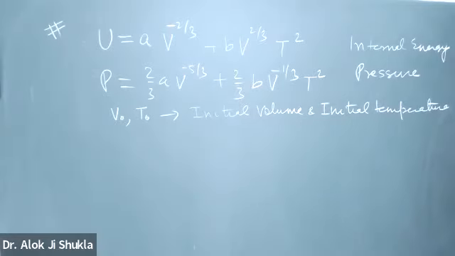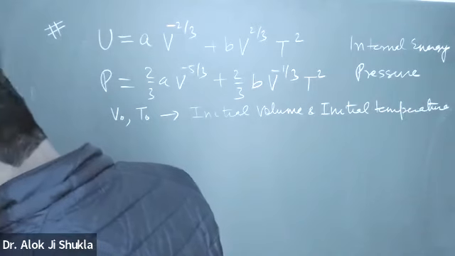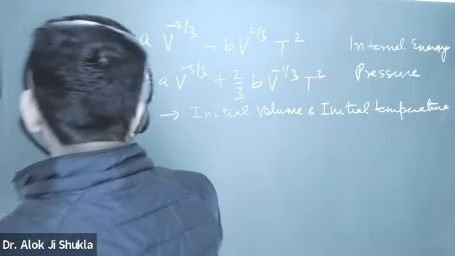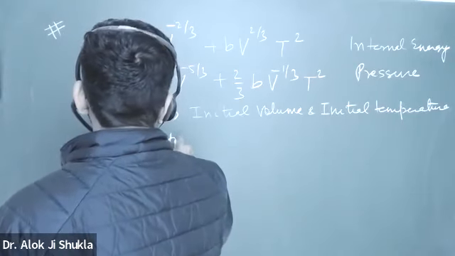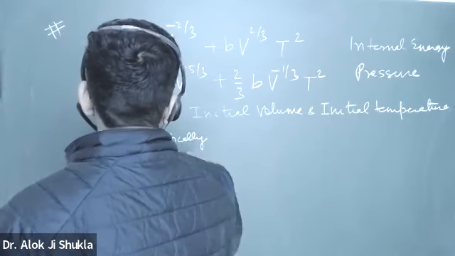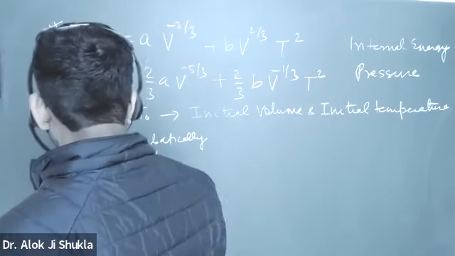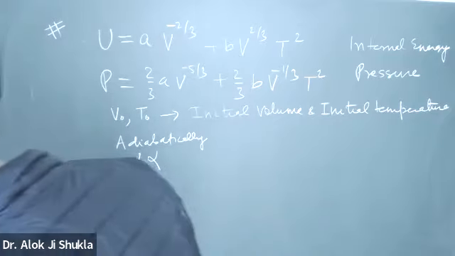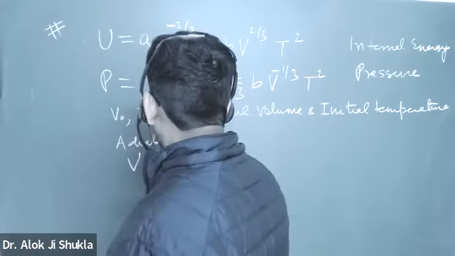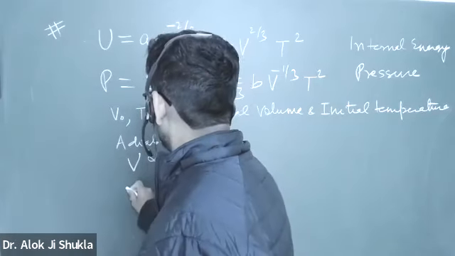If the gas expands adiabatically, the volume of the gas is proportional to T to the power alpha.